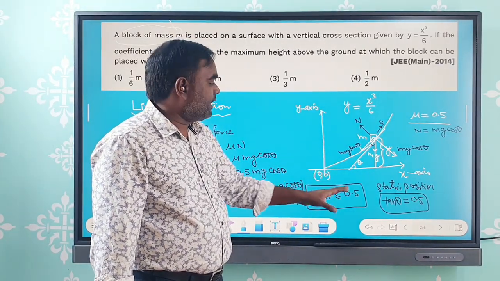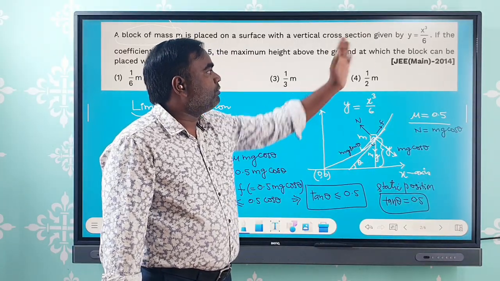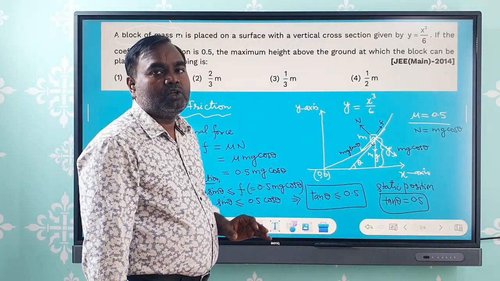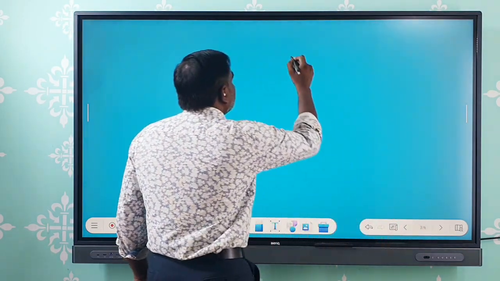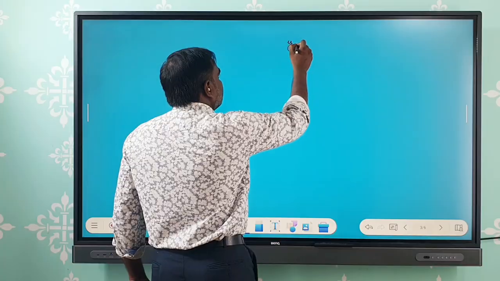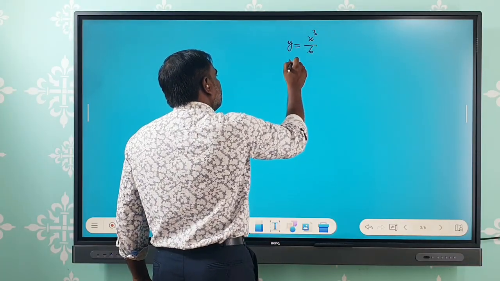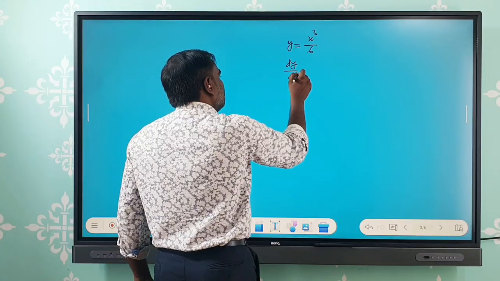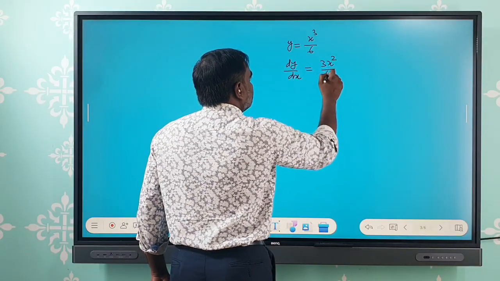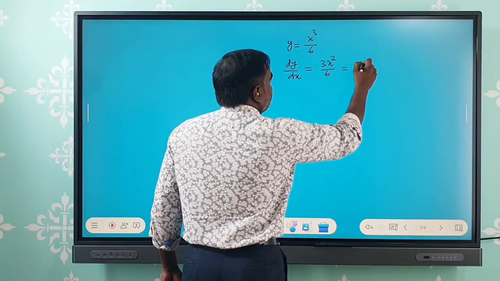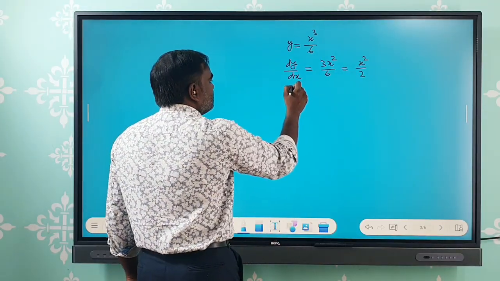That is, tan theta is nothing but the slope, and we can find the slope from the equation y equal to x cube upon 6. So let us find this. y is equal to x cube upon 6, therefore dy upon dx is equal to 3x square upon 6, that is x square upon 2, and this is nothing but tan theta.